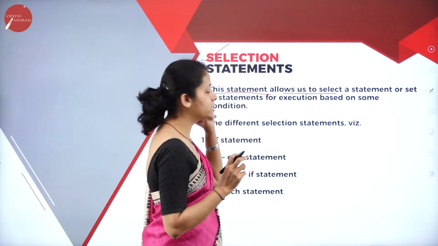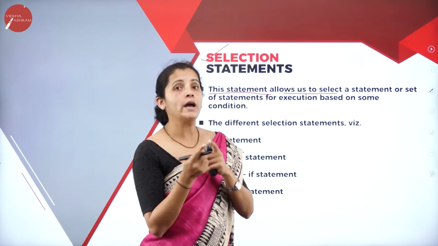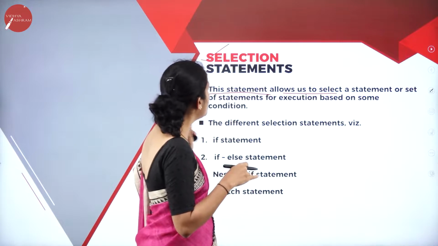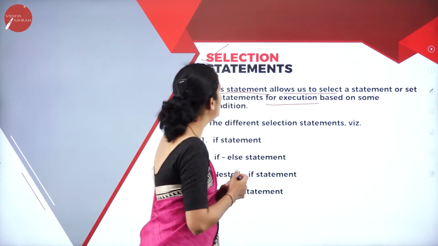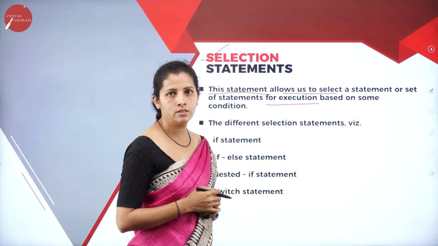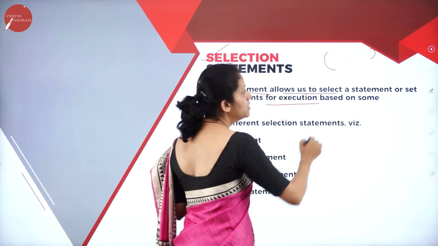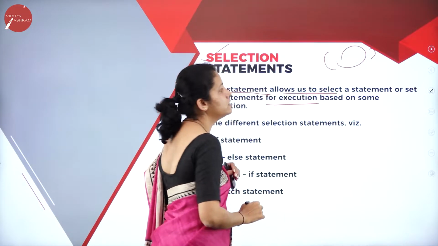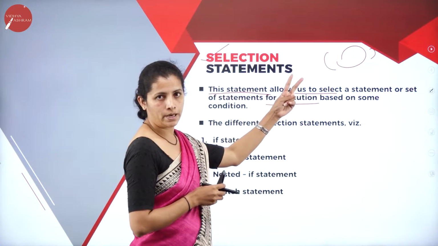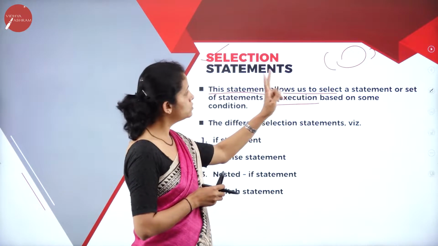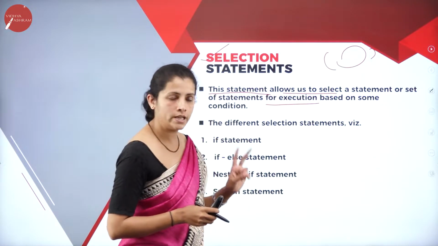By using selection statement, I can select one particular statement, or I can select a set of statements for execution based on some condition. So here I'm going to specify the condition. Based on the condition, the user can select one statement or n number of statements.